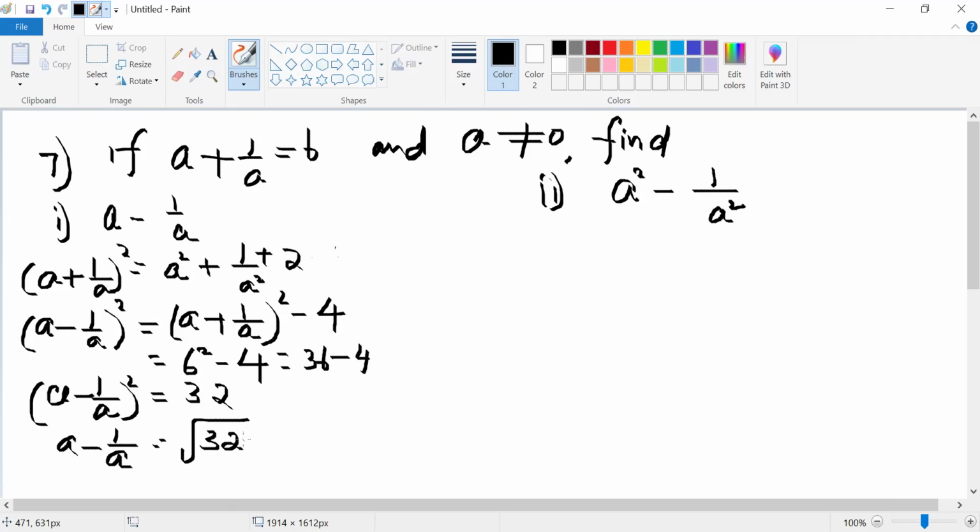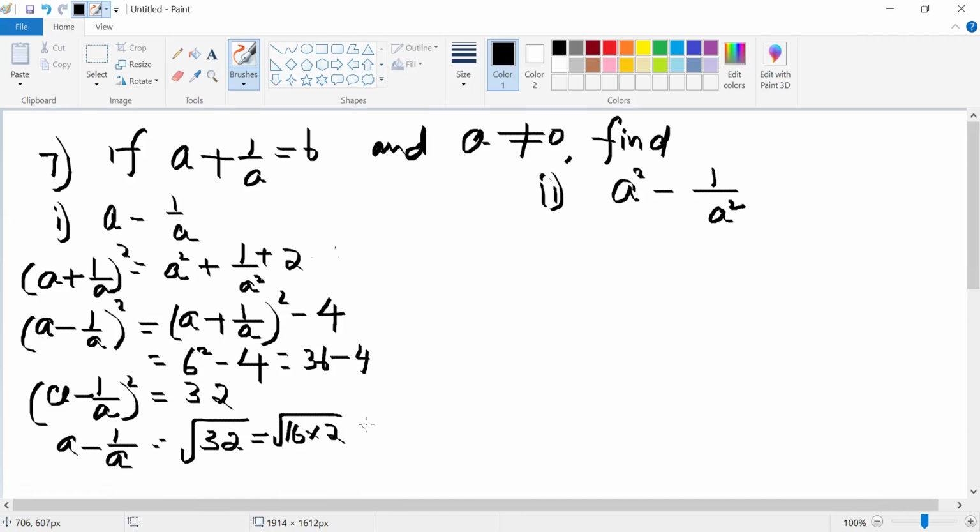Now, the next question is a square minus 1 by a square. So this 32 you can simplify further. How? In the first chapter we learned how to bring an irrational number to its lowest form. 32 you can write as 16 into 2, where 16 is a perfect square. And what is the square root of 16? 4.